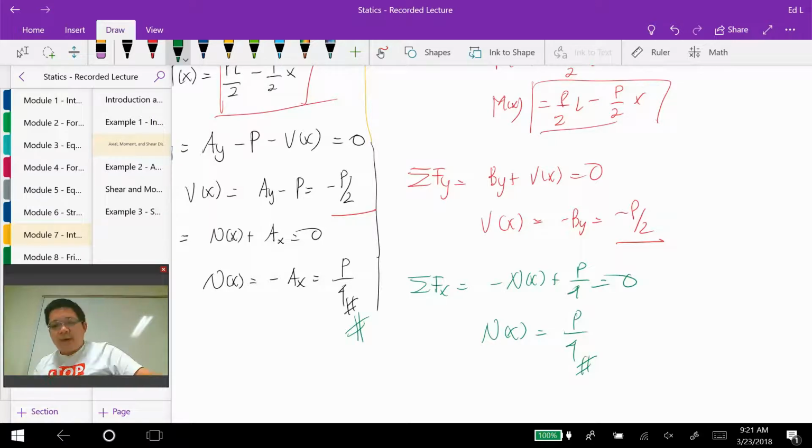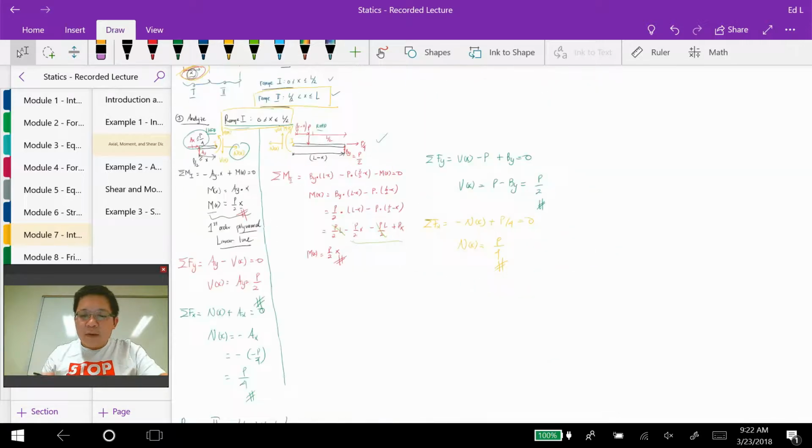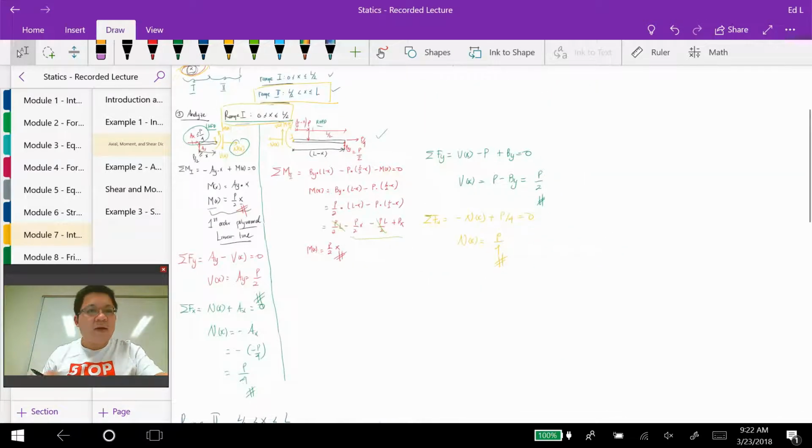Okay, so now we have finished writing all of the equations. Then we will use these equations to plot the internal force diagrams. So let's summarize what we have obtained.